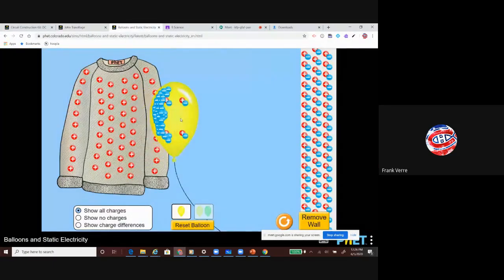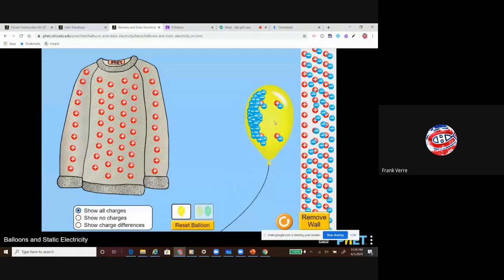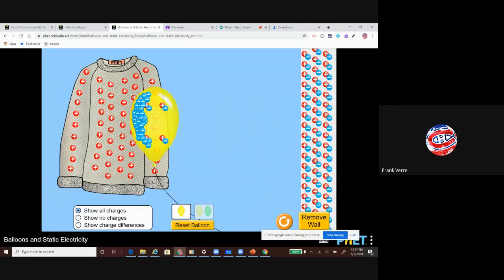So induction is when you take an object that's charged and you move it towards another object, and the electrons, well, in this case, the electrons get pushed away because the balloon is negatively charged. Of course, if the balloon were positively charged, then the electrons would be pulled towards it, right? And that's induction.